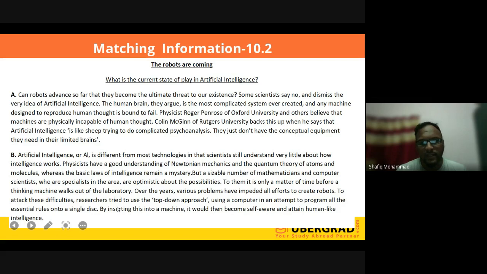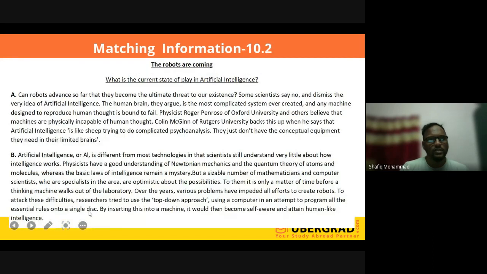Then what he's saying in the last sentence: to attack these difficulties, researchers try to use a top-down approach, using a computer in an attempt to program all the essential rules onto a single disk, inserting it into the machine so it becomes self-aware and attains human-like intelligence.